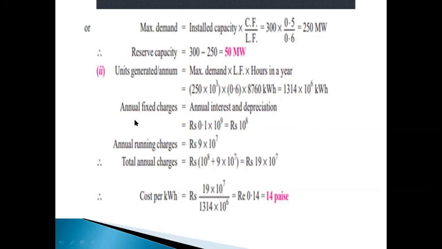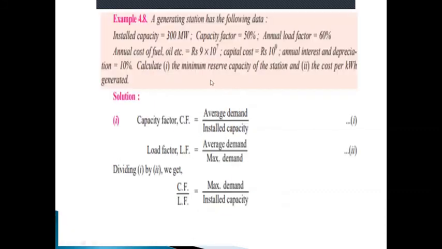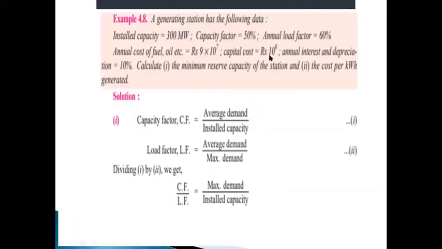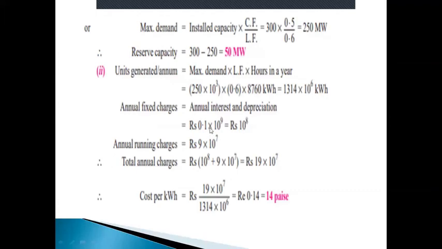Now annual fixed charges is actually annual interest and depreciation, which is given as 10% of the initial capital cost. You have to understand, so that's why 0.1 into 10 to the power 9. Capital cost is rupees 10 to the power 9, so you will get rupees 10 to the power 8.